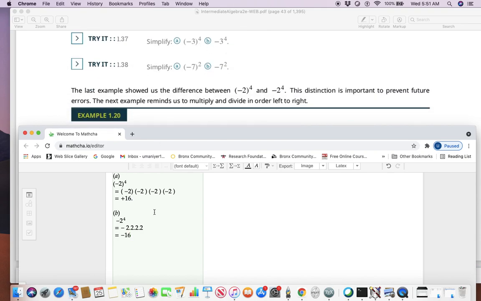Let's try these. A. With parenthesis, negative 3 power 4. What does that mean? It means the parentheses is being multiplied by itself.